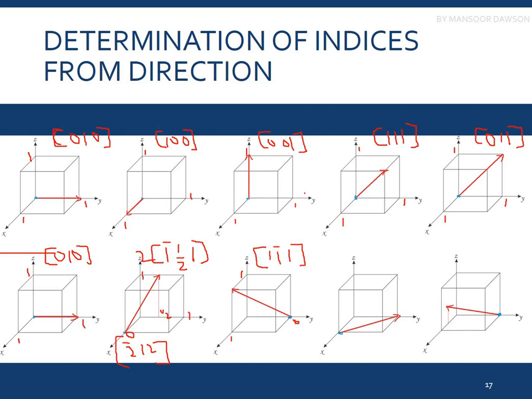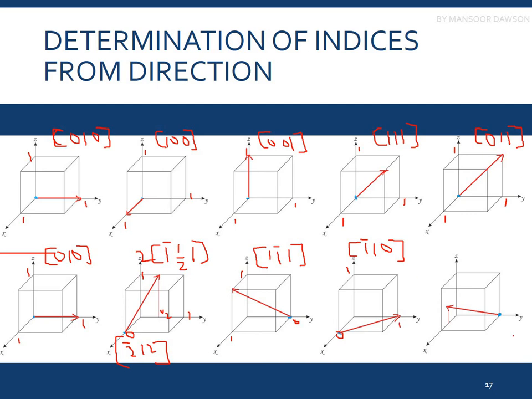Next, again you can see over here that the origin is shifted in the x direction. So it is moving here and then in the y. So 1 for the x, 1 for the y, and 0 for the z. But the origin in the x is shifted, so it will be negative. It is 0 for x, 1 for z, and 1 for y.